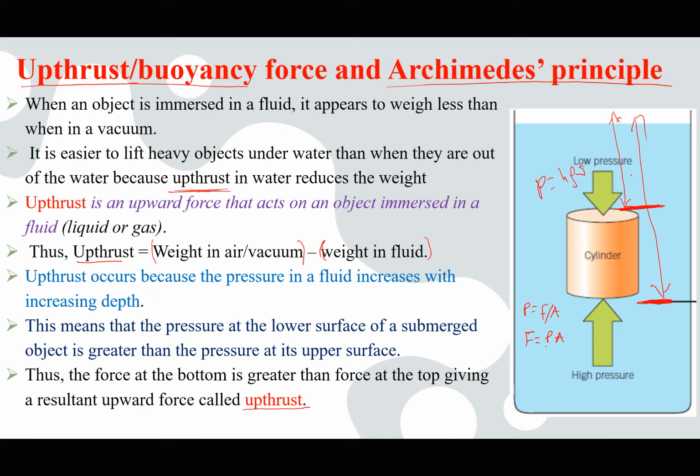Therefore, the force at the bottom is greater than the force at the top. The difference in force between the top and the bottom is the resultant force on the object, which we call the upthrust, whenever the object is submerged. So that is the origin of upthrust: difference in pressure between the top and the bottom of a submerged object.